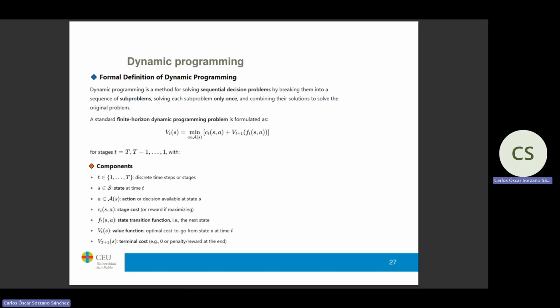And then there is a cost associated to being in this state and taking this action. So the thing is that I have to minimize this value or maximize that value.